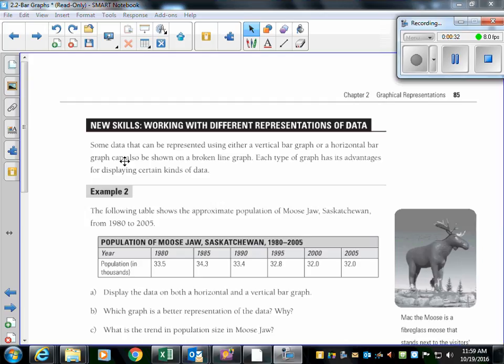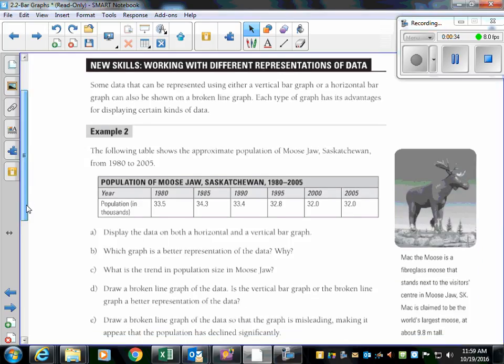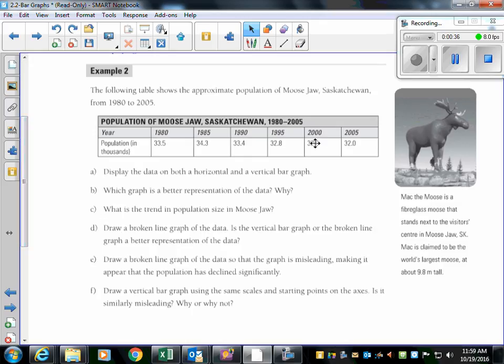Okay, so when we look here, we have the population of Moose Jaw in years and the populations in thousands. So this is the separate 1980, 1985. If we're going to do a vertical bar graph, we're going to put the year on the bottom and the populations up the side.